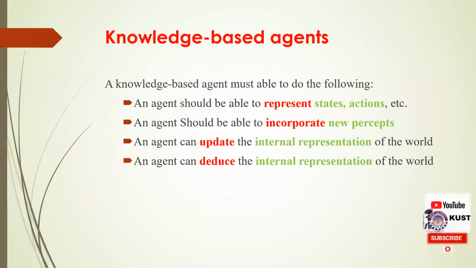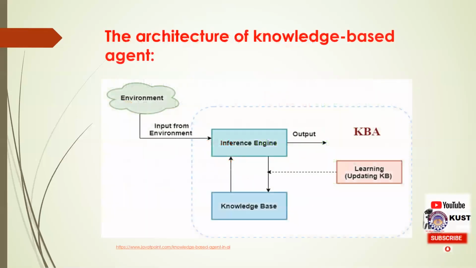An agent can deduce the internal representation of the world. Deduce means that it can derive, it can conclude from that information. An agent can deduce the appropriate action based on the knowledge it received from the environment.